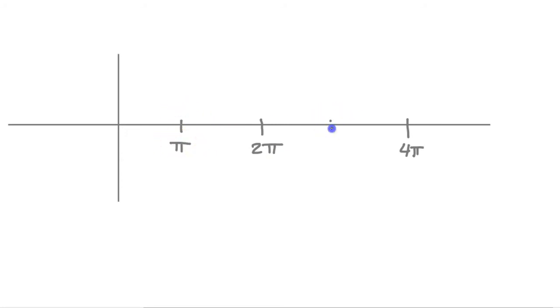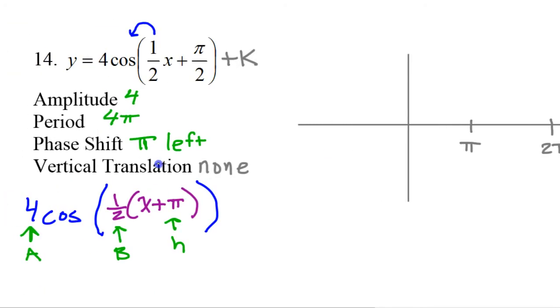And if I go to the third position, that will be 3 pi. Since there is no vertical translation, the x-axis is going to remain the midline. So I can go ahead and look at the amplitude now as the highest point and the lowest point on the graph. So +4 and -4, we are ready to go.